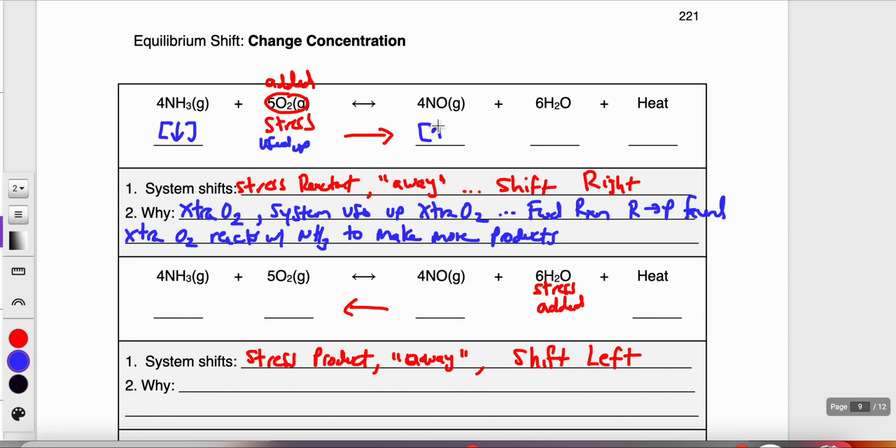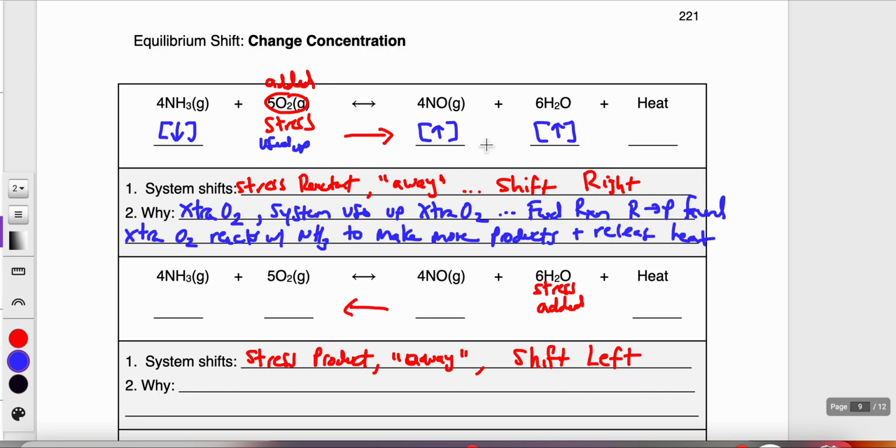So there's going to be a slightly higher concentration of the nitrogen monoxide, and more water is also being formed. So its concentration goes up. As these two react, they release heat. So they make more products and release heat.